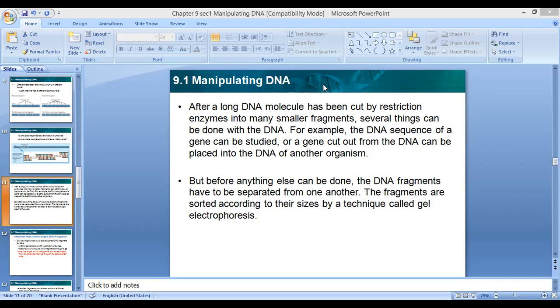This is what we are going to talk about now by using a technique اسمه gel electrophoresis.